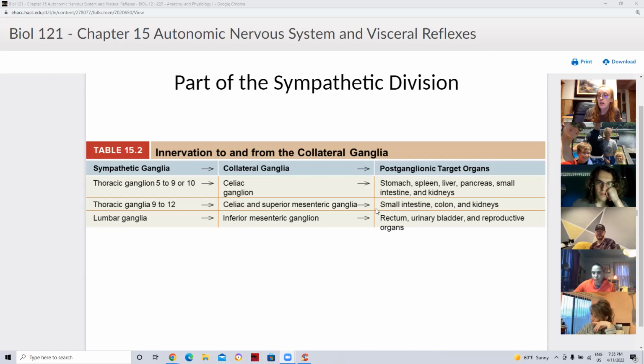If it helps you to remember, celiac disease has something to do with the intestines and the stomach. I know it's an autoimmune disorder, and I don't know a whole lot about it, but it may help you remember what ganglia target those organs. Superior mesenteric nerves tend to target the small intestines and part of the large intestines, the colon. Inferior mesenteric tends to target the urinary bladder and the reproductive organs.